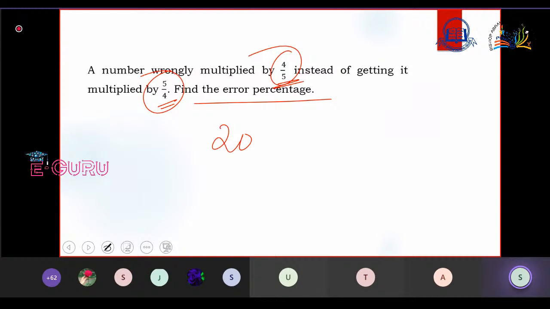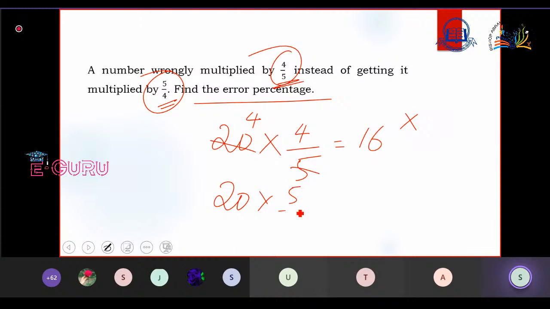So if 20 is the number, he did 20 into 4 by 5, and his answer was 16, and this is the wrong answer. The correct answer should be 20 into 5 by 4, so it should be 25. Instead of getting 25, this person got 16.